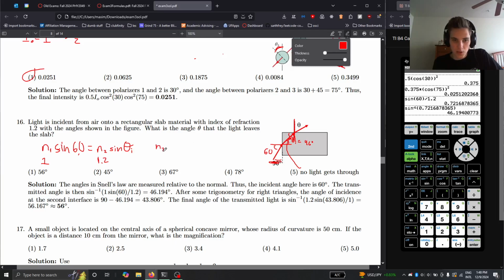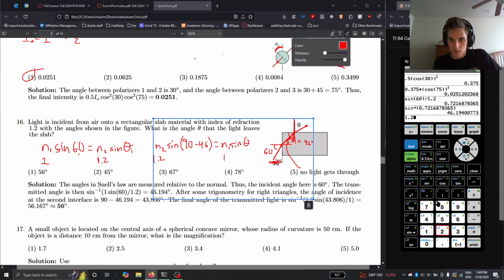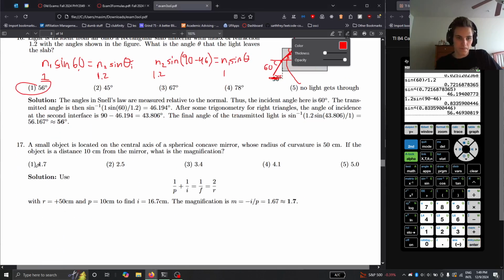So when we do the calculation, we go N2, and again we care about the normal angle, so it's going to be 90 degrees minus that 46-degree angle, equals N1, which we know is 1, so 1.2, times sine of that end angle theta. So we have 1.2 times sine of 90 minus 46, inverse sine it, and we get 56 degrees.